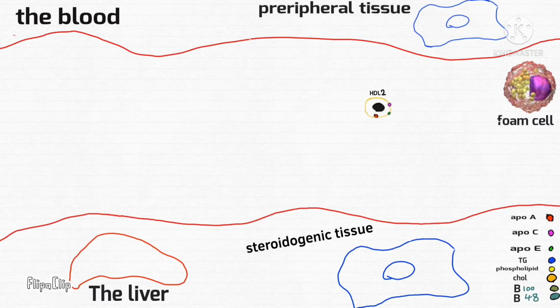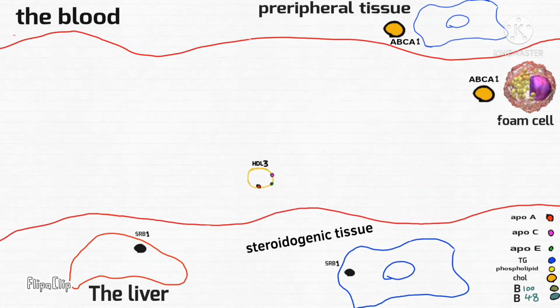The LCAT converts it into esterified cholesterol and allows the HDL now to get back again to the liver or to steroidogenic tissues to deliver this cholesterol, either in the liver for excretion or to make hormones in the steroidogenic tissues. Now the HDL returns to the blood empty, and goes back to take more free cholesterol from peripheral tissue.